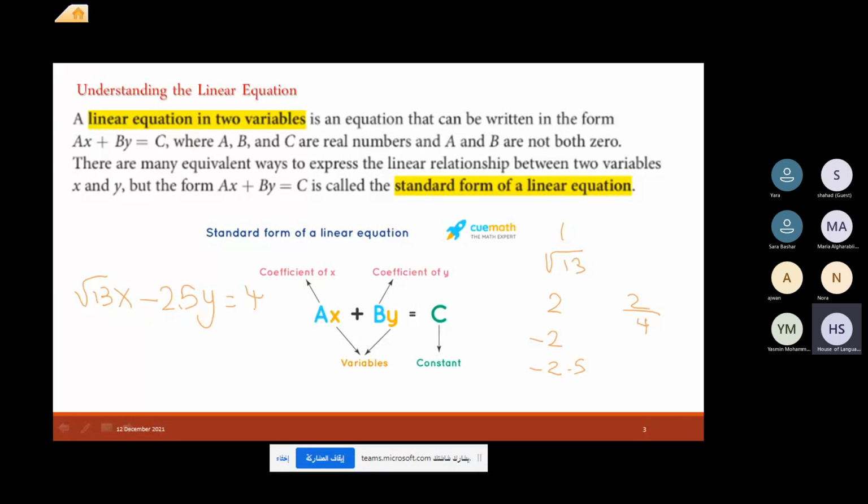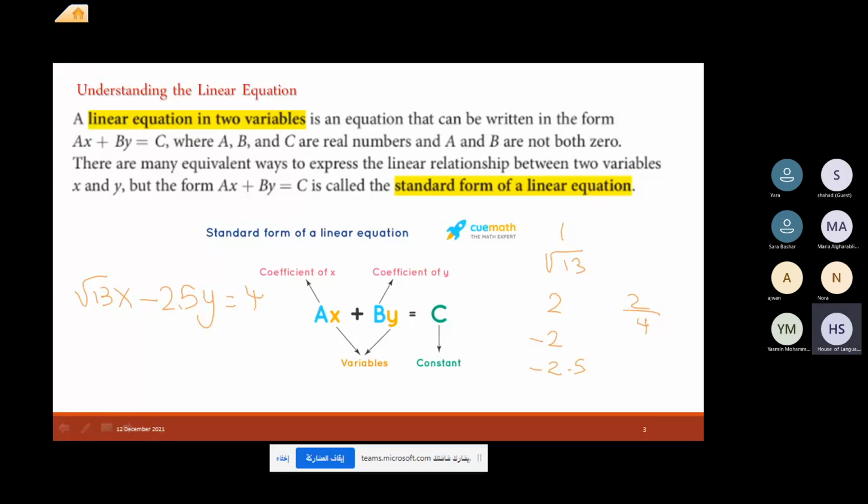And as we know before, what do I mean by the real number? The real numbers are integers, whole numbers, rational, non-rational, and so on. This is the first one, what I mean by linear equation of two variables. And why do I call them linear? Because later on, when I represent them in the coordinates, it comes like a line.